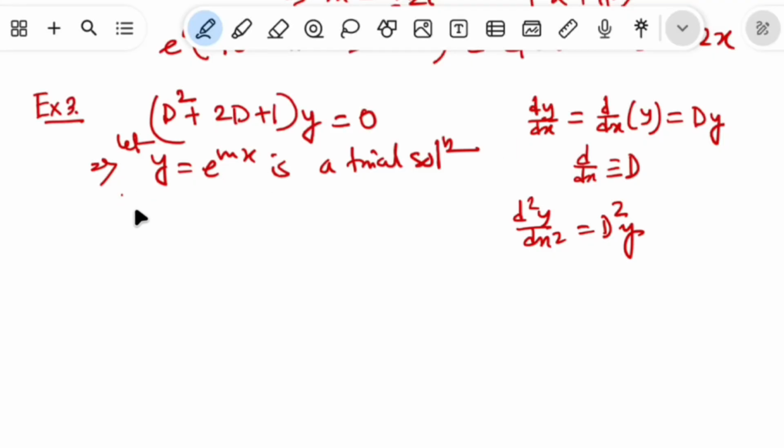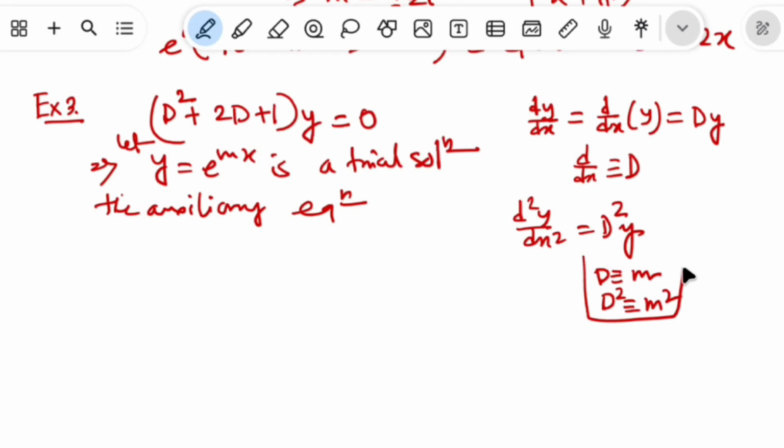Okay, so for the auxiliary equation, in place of D put m, and in place of D^2 put m^2. Just put this, you will get the auxiliary equation.